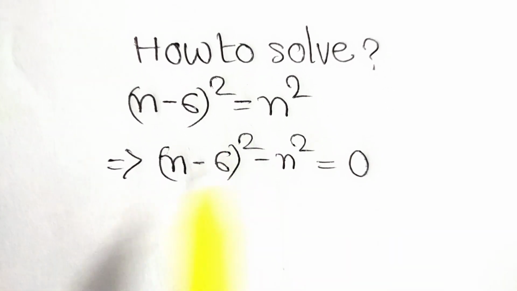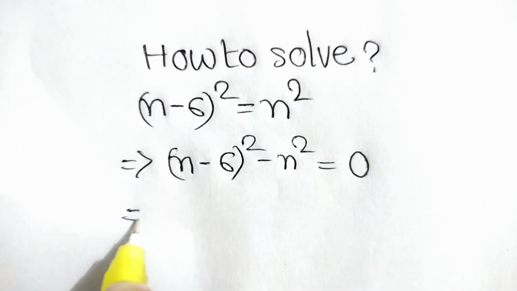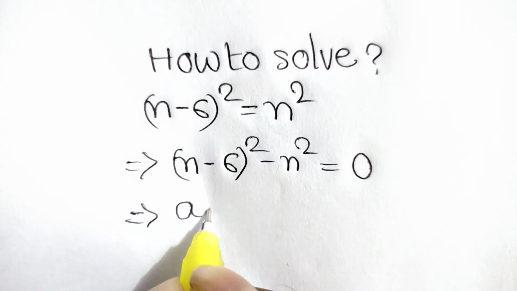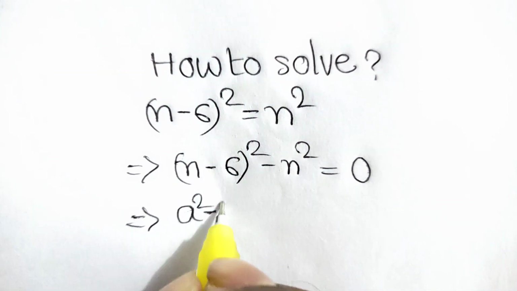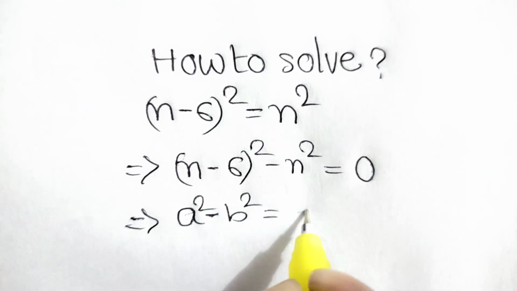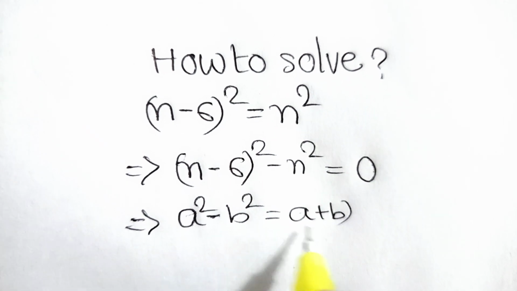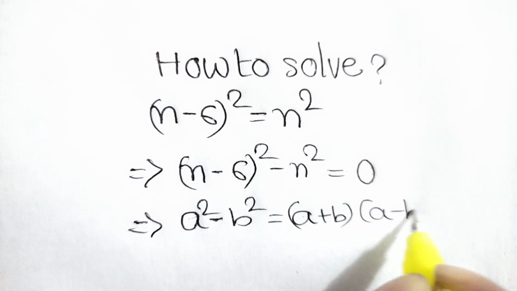Next, here we can apply this rule: a squared minus b squared is equal to (a plus b) into (a minus b).